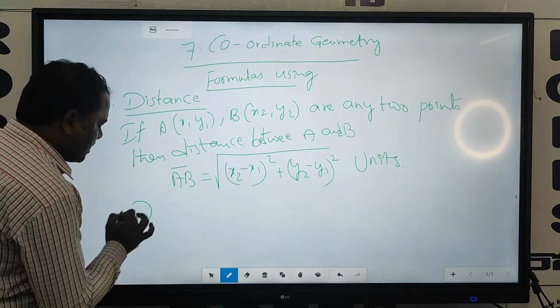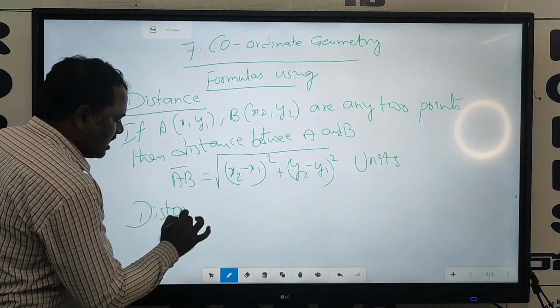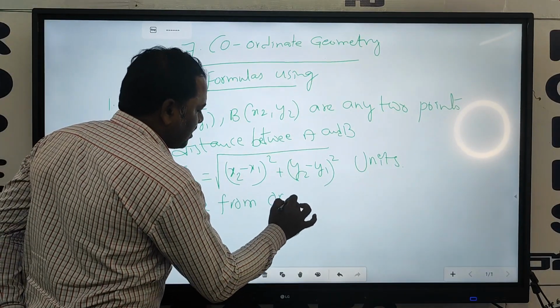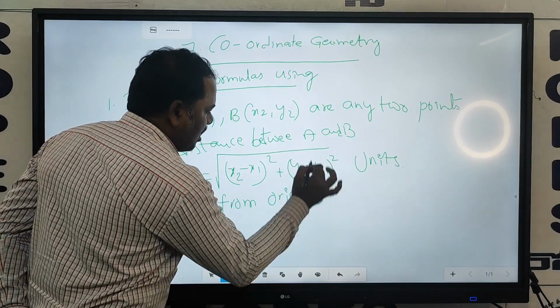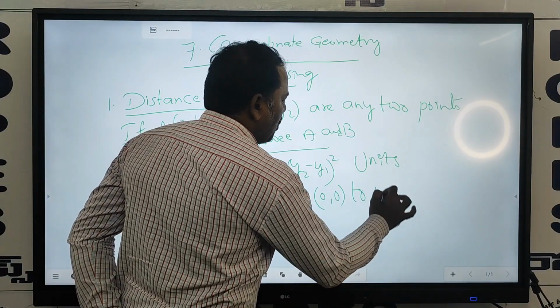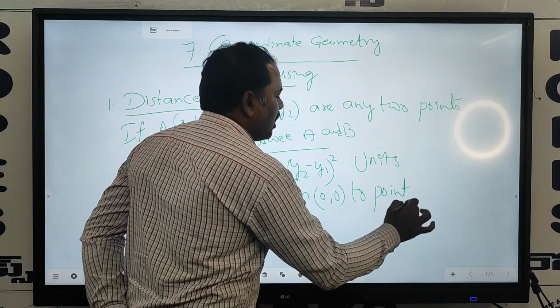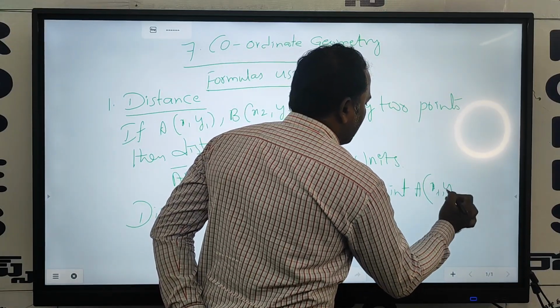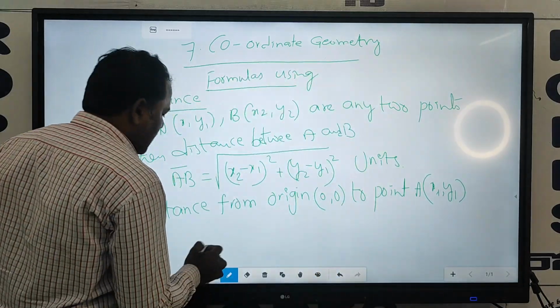Next, distance from origin. Important: origin (0, 0) to point A (x, y), that is (x1, y1).